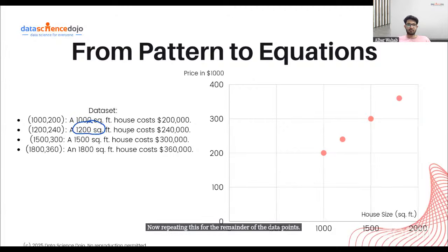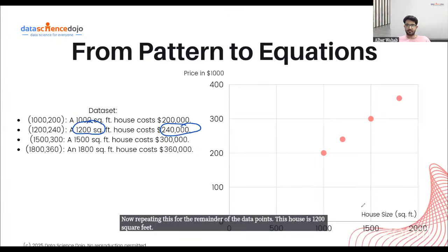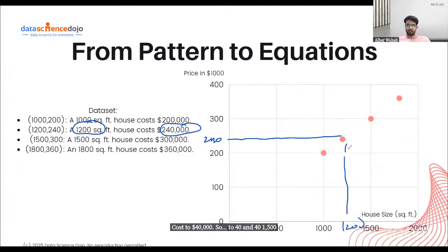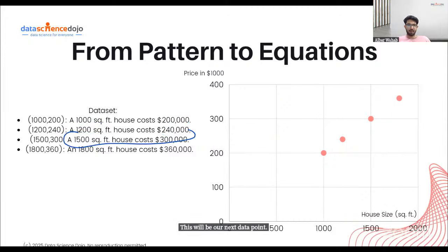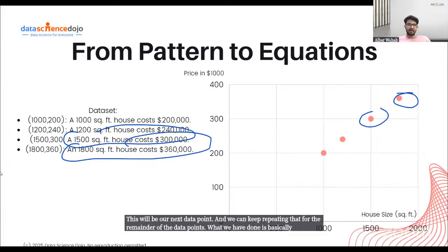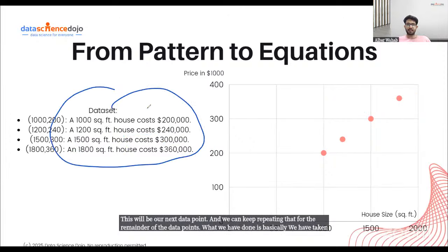This house is 1,200 square feet, costs $240,000. So 240 and 1,200. This will be our next data point. And we can keep repeating that for the remainder of the data points. What we have done is basically, we have taken our data and we have represented it into a graph.